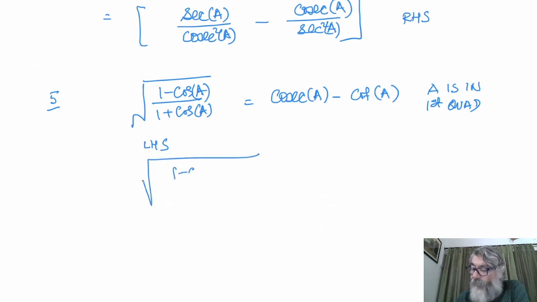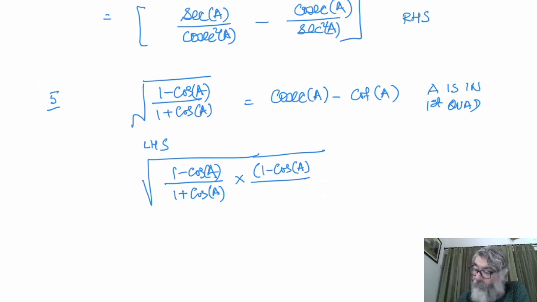It is 1 minus cos A upon 1 plus cos A into 1 minus cos A upon 1 minus cos A. I multiplied the numerator as well as denominator by 1 minus cos A. You can rationalize both ways. You can use 1 plus cos A also, because you are multiplying by 1. But why am I doing it with 1 minus cos A?